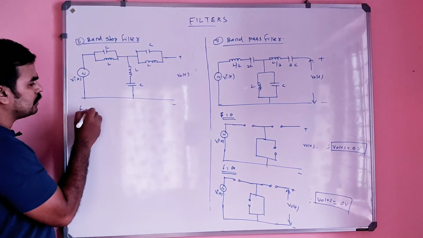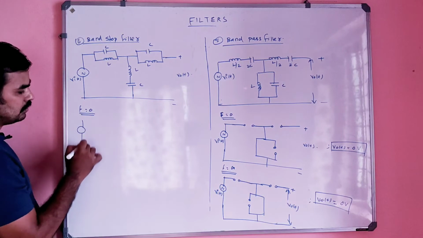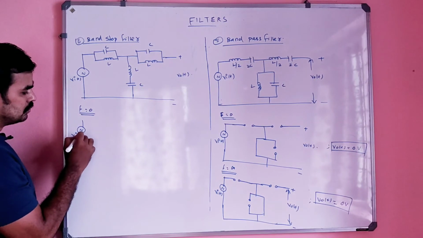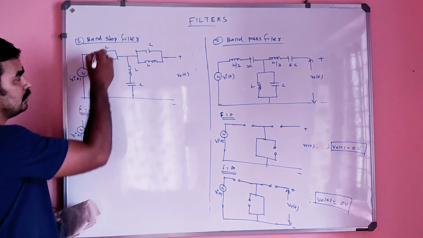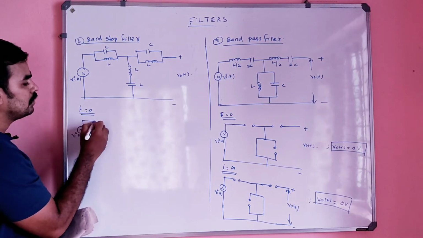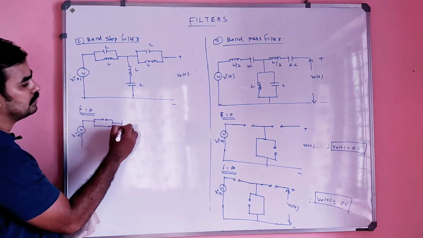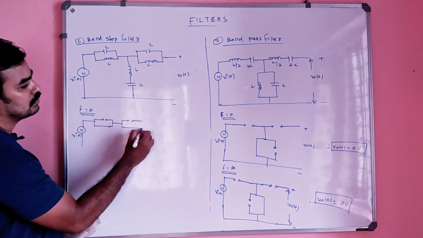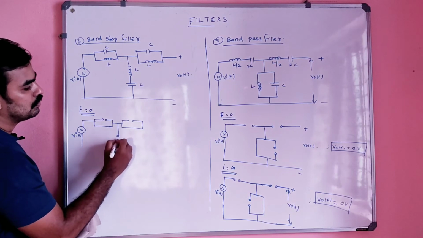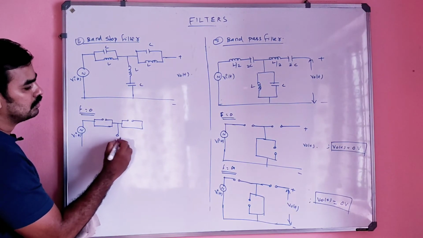So f is equal to 0, but when you put f is equal to 0 means, one will be open, other will be closed, right? One will be short.